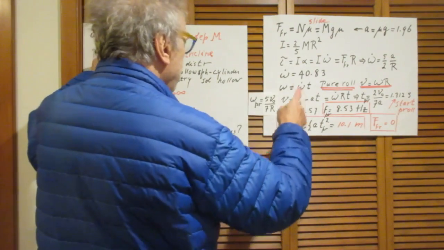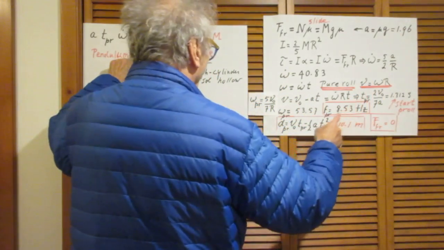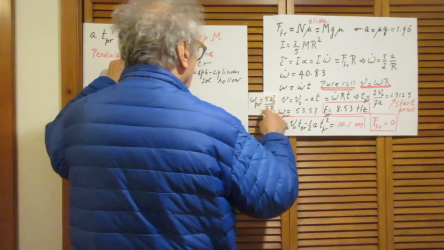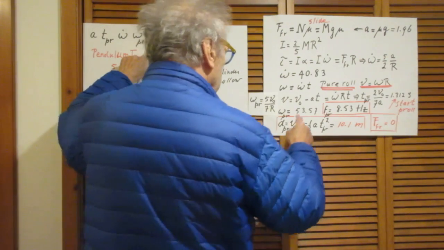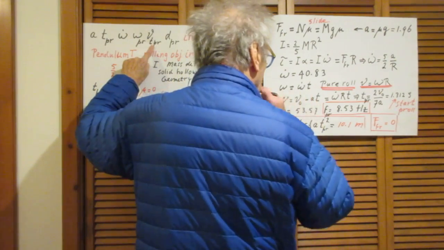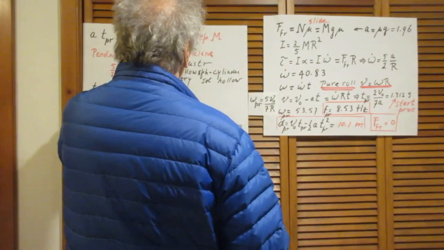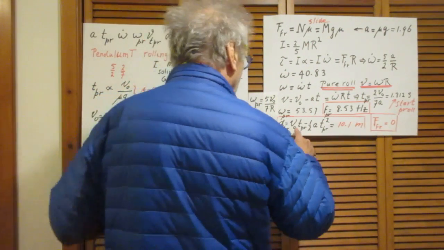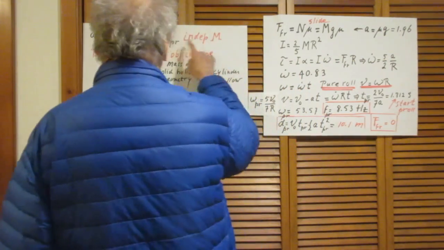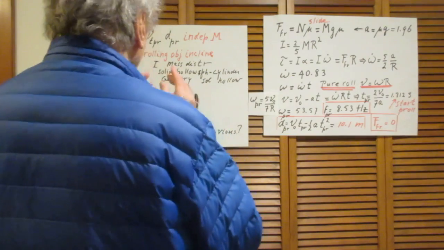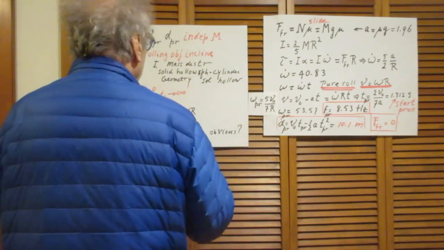Omega dot, independent of the mass. Omega PR, independent of the mass. V at PR, also independent of the mass. The distance traveled when it reaches pure roll is also independent of m. So all these quantities, 1, 2, 3, 4, 5, 6, are all independent of m.